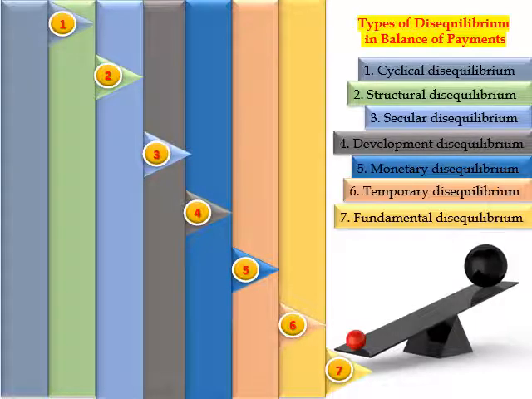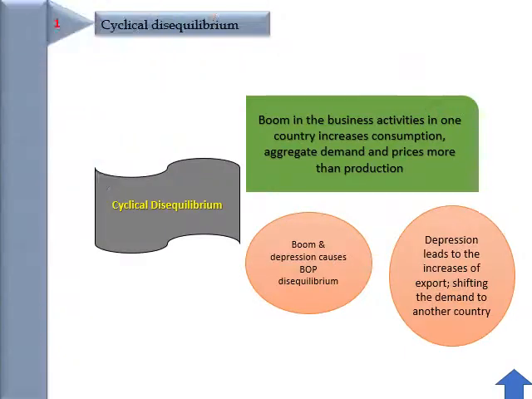Now, let us understand the cyclical disequilibrium. What is a cyclical disequilibrium? Cyclical disequilibrium occurs due to the operation of business cycles.